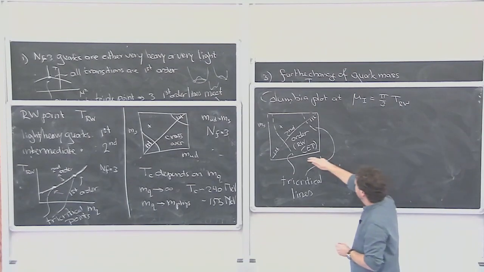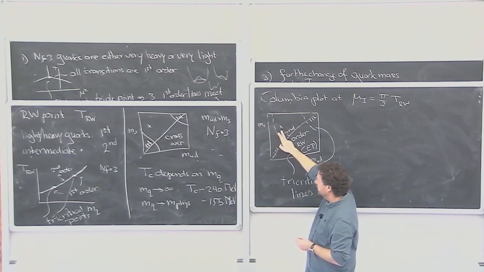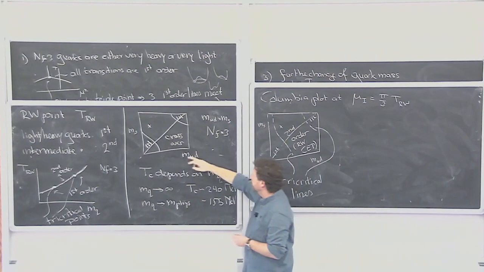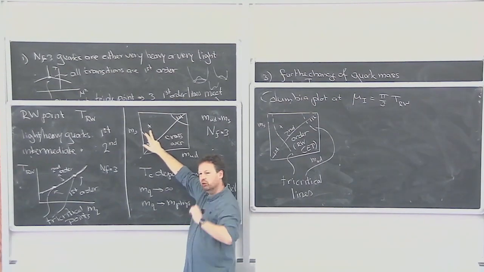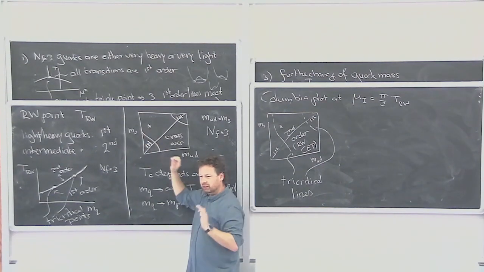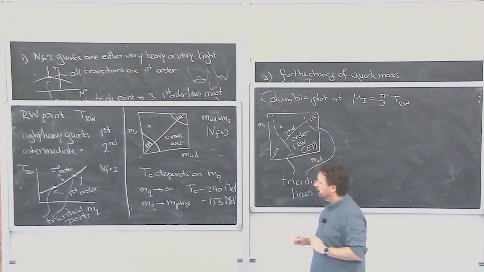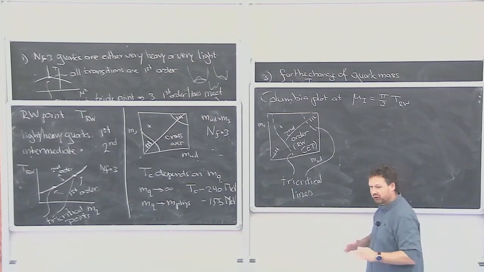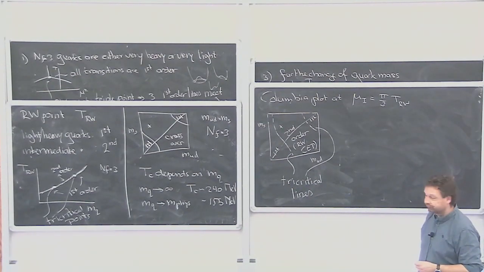If this is a critical endpoint, so it's on this side of this tricritical line, it most likely implies that for 0 mu, the transition is a crossover. And the connection then with a possible critical endpoint for real mu, so for positive mu squared, is actually not clear at all, let's put it like this. So we'll do that now. We'll take it as it goes, and then we'll come to your remark.